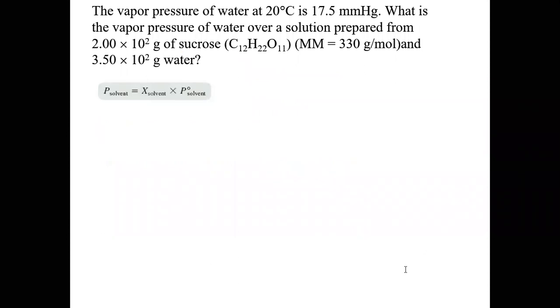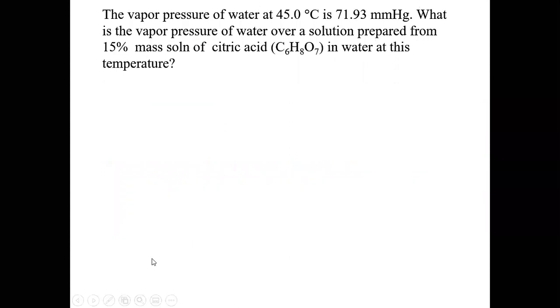So in this example, it was fairly straightforward. It gave us the mass of solute, the mass of solvent, the vapor pressure of pure solvent, and asked what's the vapor pressure of the solvent in this solution. But sometimes it's not this straightforward. So here, for example, is the same type of problem but with different initial values.